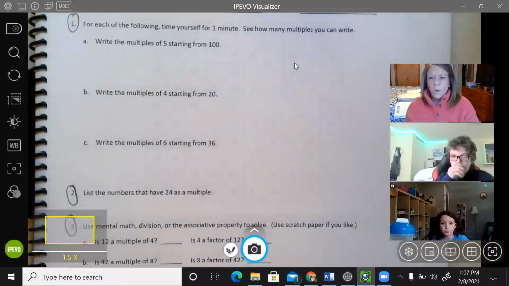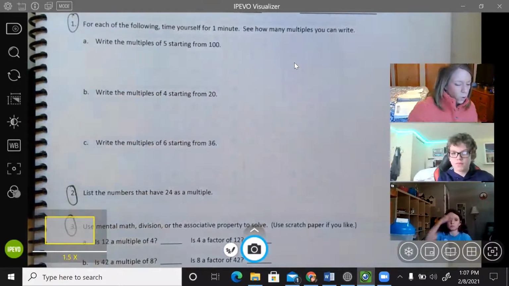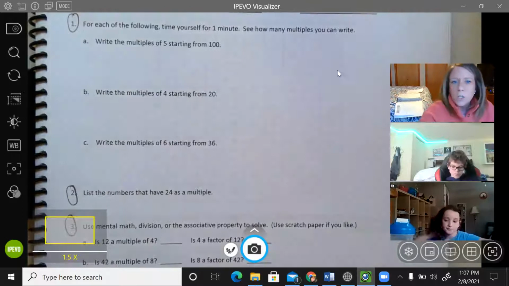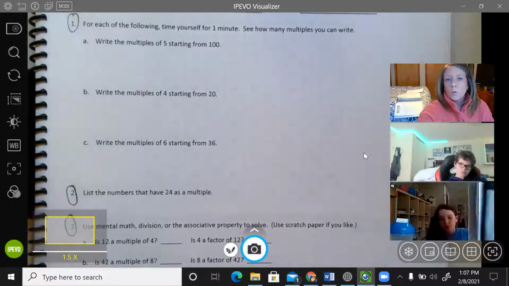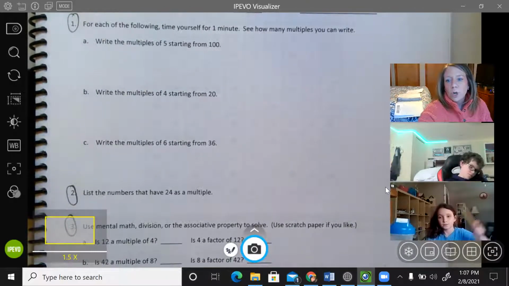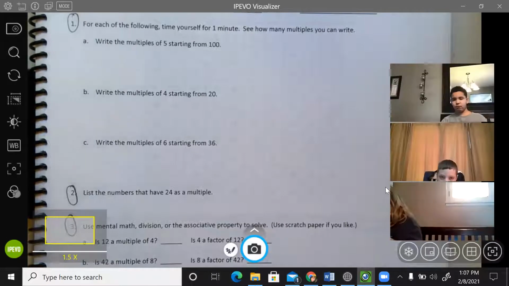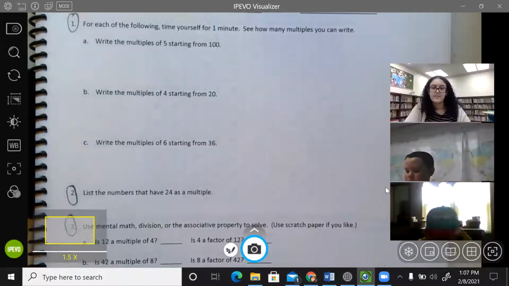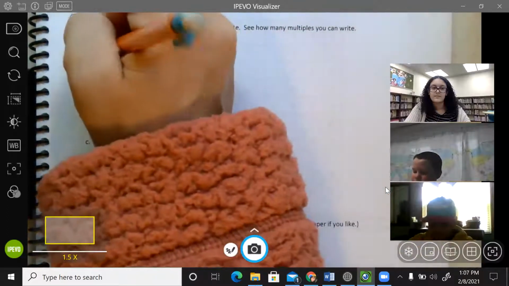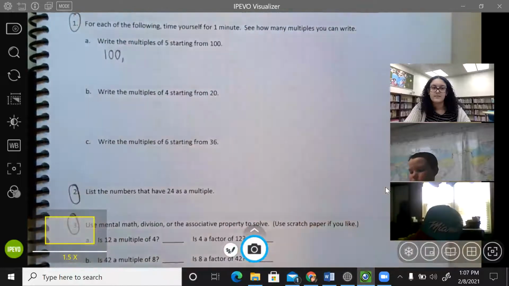We're just going to see if we can get some of these down. We're not going to do a whole minute. So we want to write down multiples of 5 starting from 100. So what would the first multiple of 5 be, Chase, starting at 100? So we're going to put 100 down first. Yep, 100, 105.